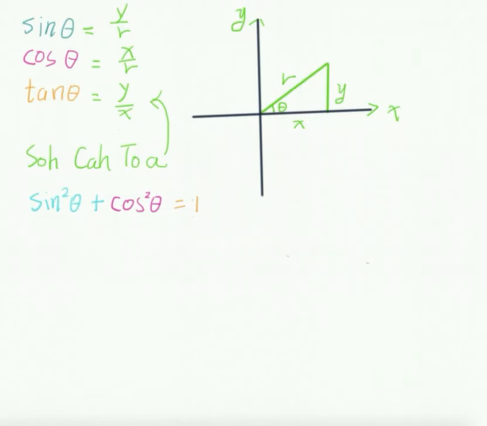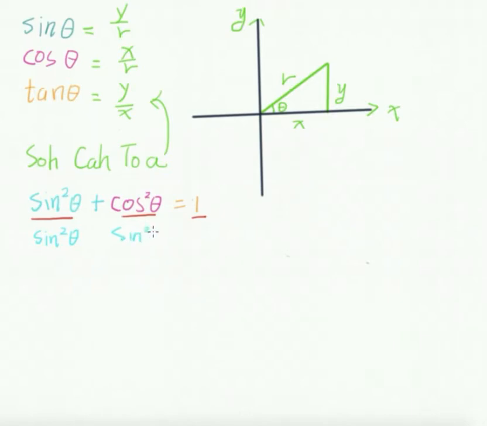Now the next two fundamental identities are just this one in another form. By that we mean we can prove them by dividing all three terms by sine squared theta.